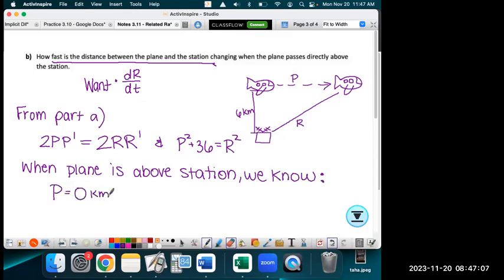And that tells us that r would actually be the same as our height. But you could always plug that into the Pythagorean theorem and see that r would be 6. I'm not going to, it's kind of redundant to do that. So in this case, we have enough information to solve for dr/dt, or r prime.